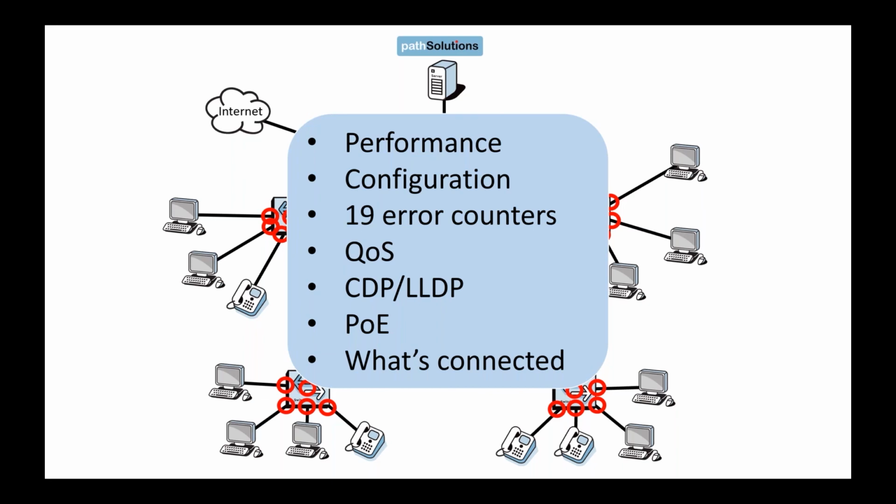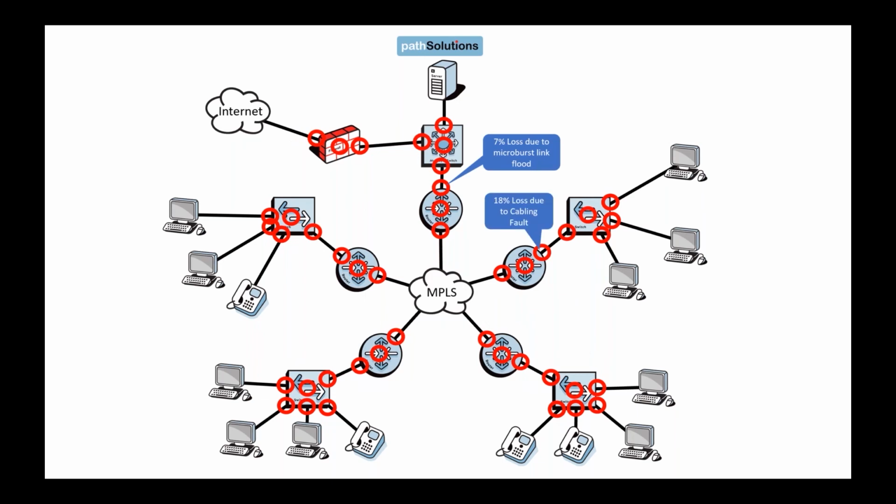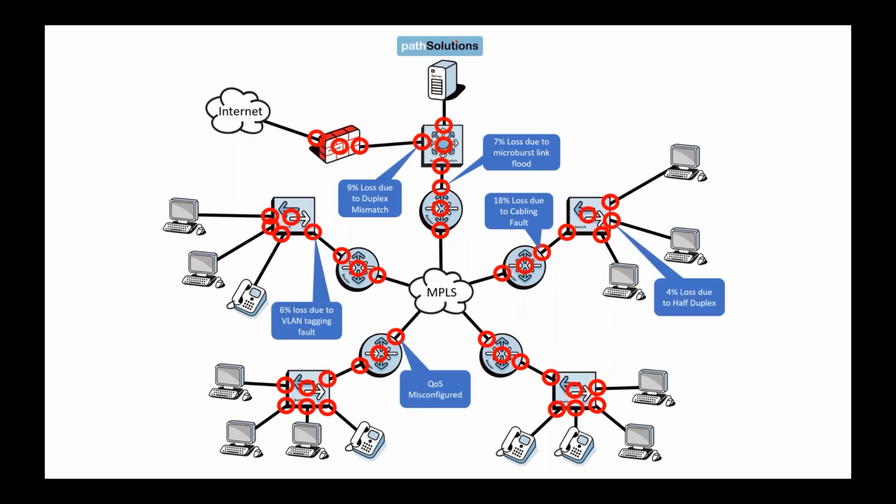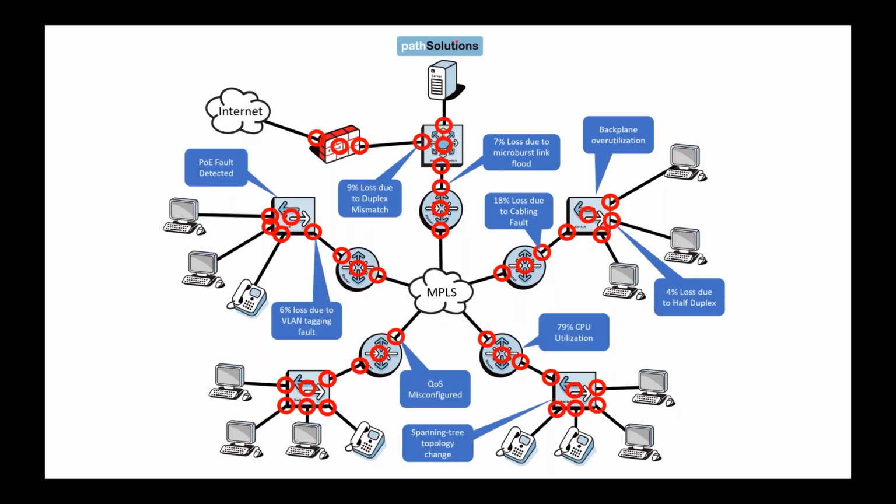With all of that information automatically collected on every interface of the network, what this means is you're going to know your network to a far broader and deeper level than with any other product. That means that the mysteries that exist in your network are going to be exposed.